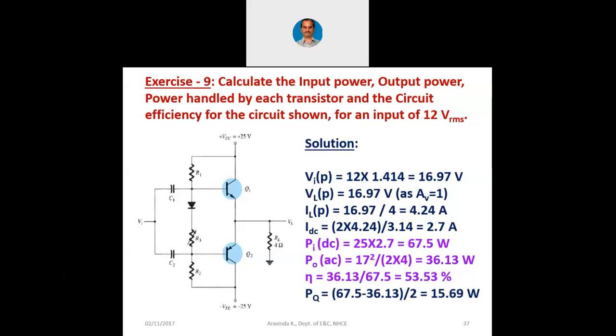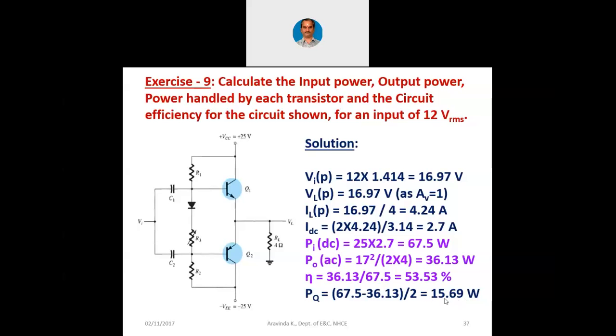And the quiescent power is nothing but input DC power minus output AC power, divided by 2, that is 67.5 minus 36.13 divided by 2, that is 15.69 watts. So each transistor here, Q1 and Q2, will be handling 15.69 watts. This is approximately 16 watts. We should choose a transistor which can handle at least up to 32 watts.